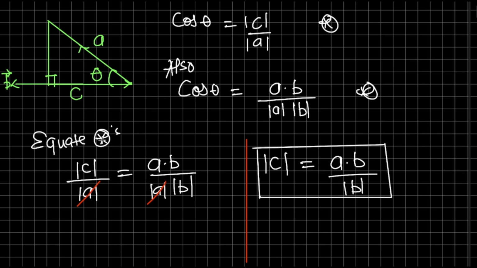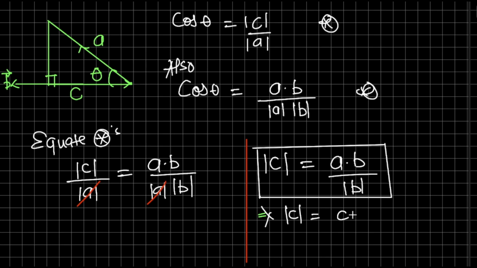Vector projection of A in the direction of B. So this is called the C, where C equals the scalar projection. It's a scalar because it's the magnitude.